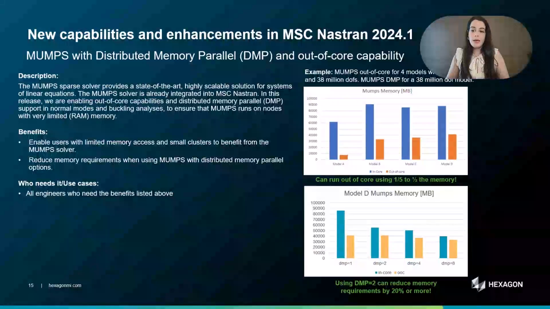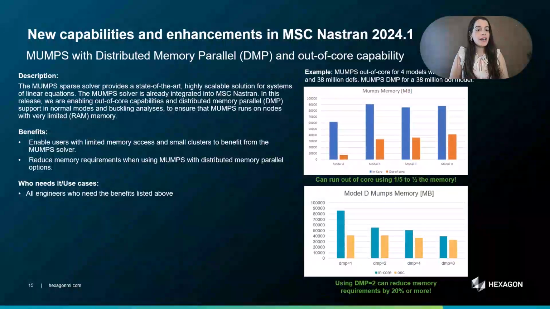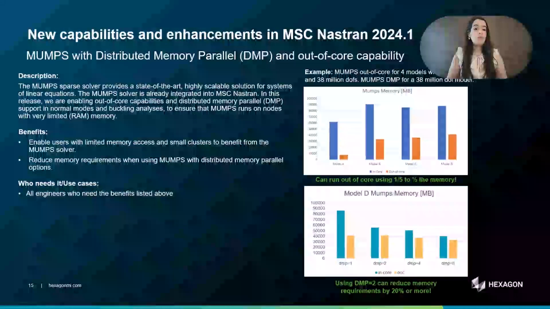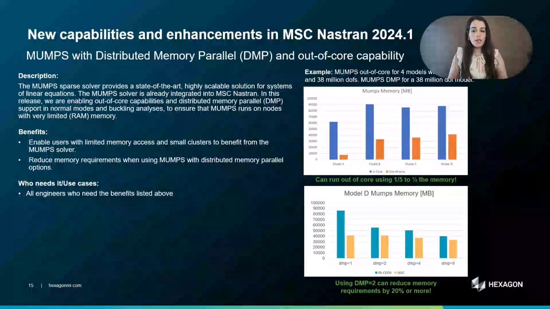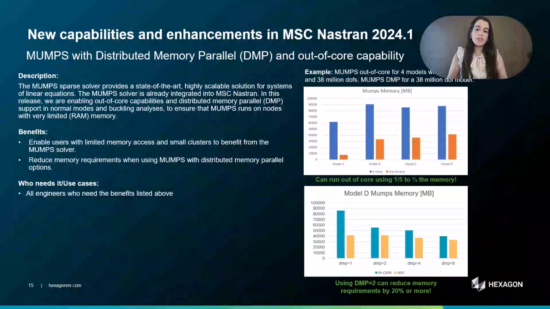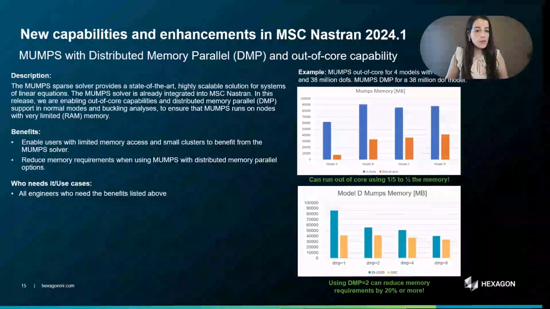This ensures that MUMPS runs efficiently even on nodes with very limited RAM memory. The benefits are clear. It enables users with limited memory access and small clusters to fully benefit from the MUMPS solver. Additionally, it reduces memory requirements when using MUMPS with distributed memory parallel options.